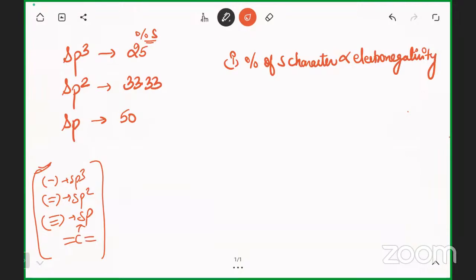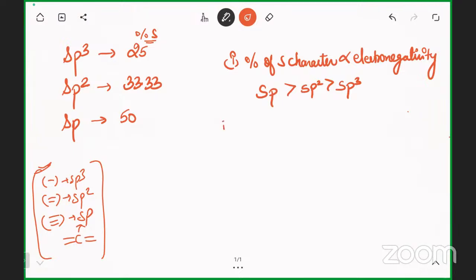So now tell me, which one is more electronegative? sp, sp2, sp3? sp, yes, because sp is having more S character, then we'll go for sp2, then sp3.